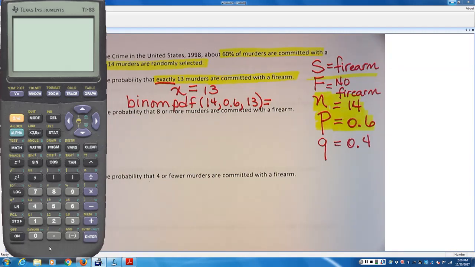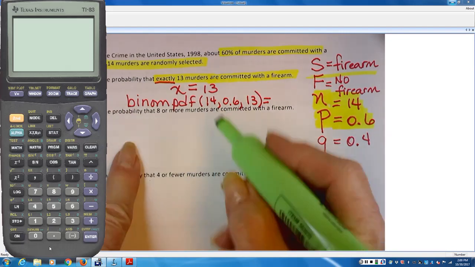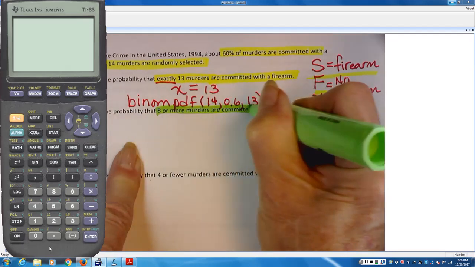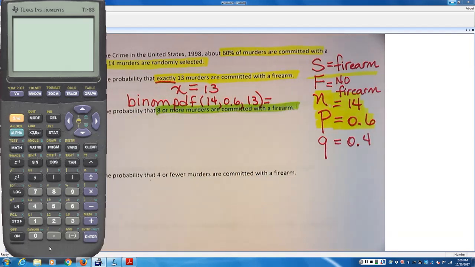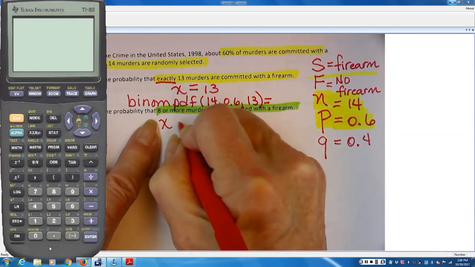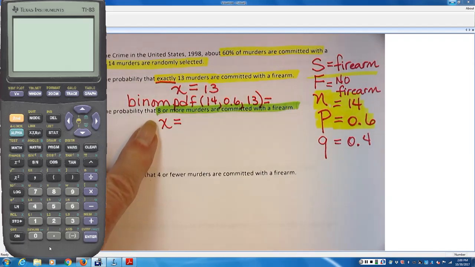Next question. Find the probability that eight or more murders are committed with a firearm. What is X? I mean, actually show me what X looks like.